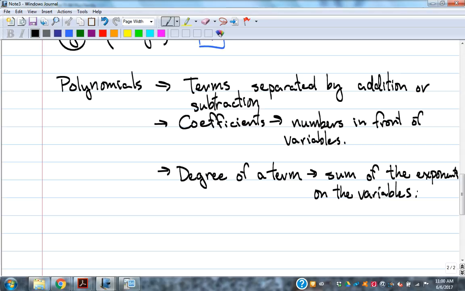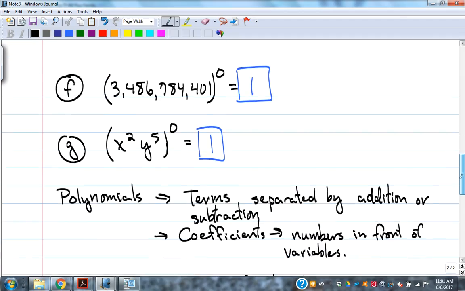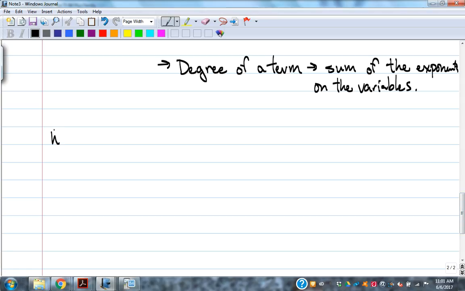So we're going to look at some polynomials, and we're going to determine their degree and start with that. I think if we get that under our belt, the rest of it's going to fall in place really, really well. H. All right, so here's our polynomial.